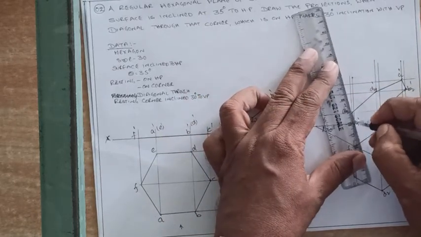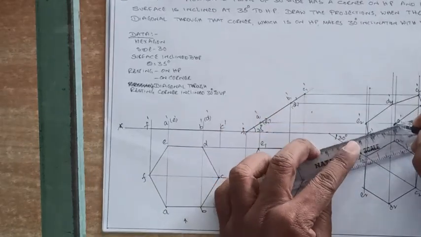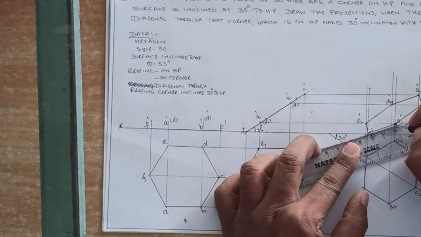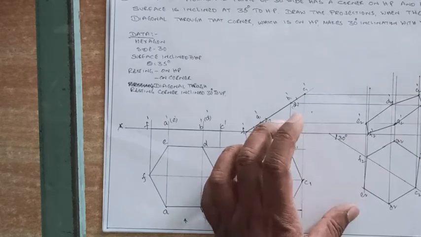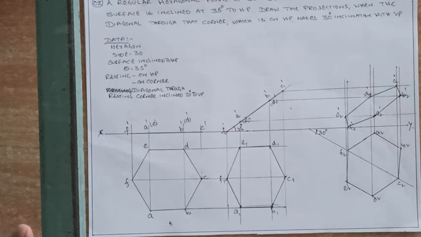Don't be confused. There itself mark the points, then join all the points in order. Don't worry about the shape. So now this is the final front view.